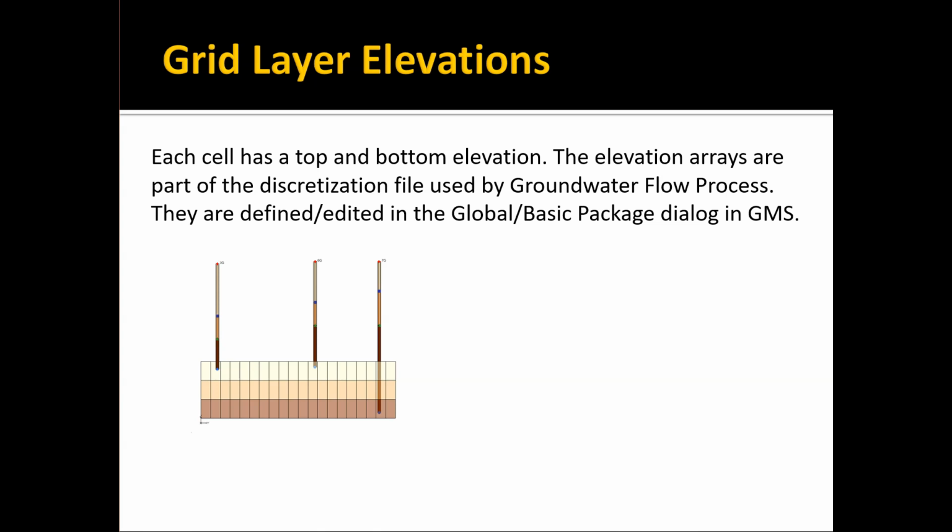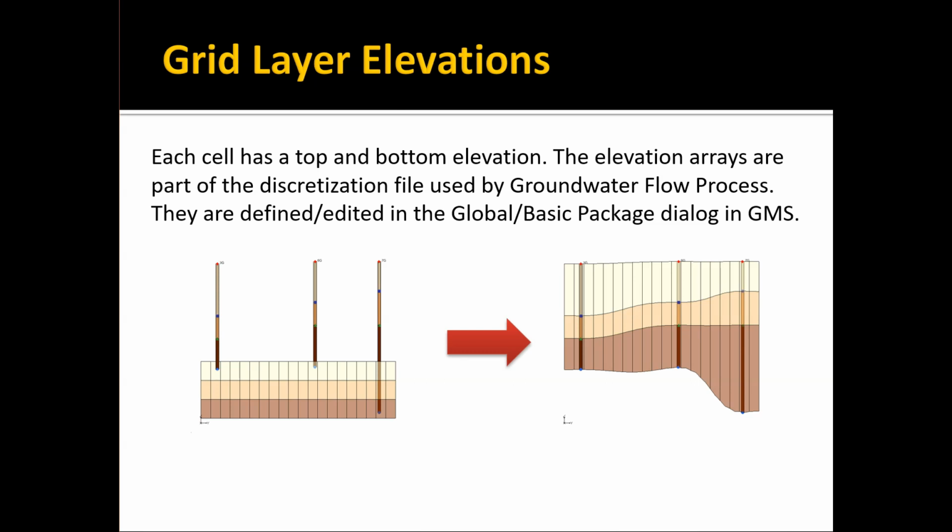We've built a few models by now, and we've seen those. It's a set of arrays. And so suppose you had a grid and then you had, for example, some borehole data. You could then use the geostatistics and interpolation tools to interpolate the points off of the boreholes to define the layering in your MODFLOW grid.